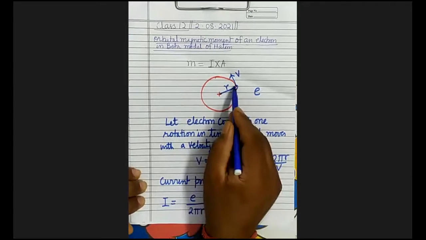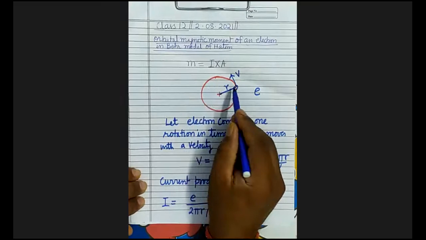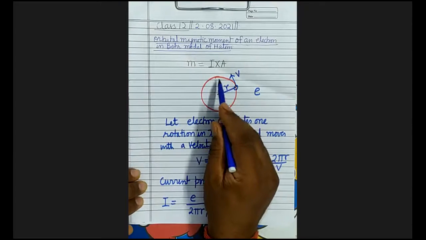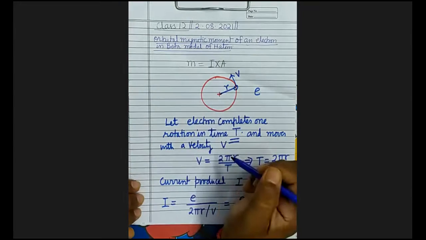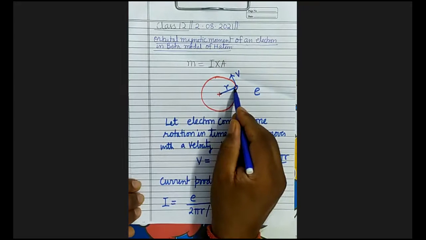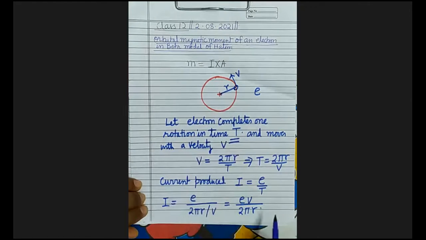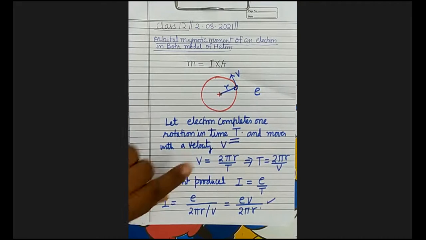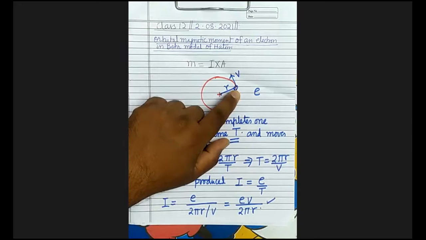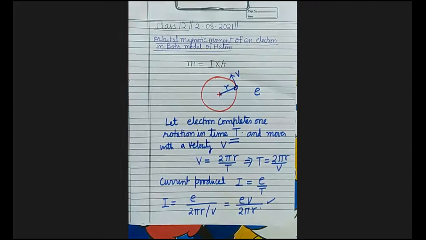This motion of the electron is equivalent to a current carrying circular coil of radius r carrying this much current.